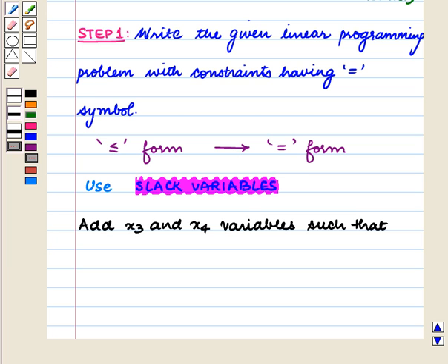We will add x3 and x4 variables such that x3 is greater than equal to 0 and x4 is greater than equal to 0 to the given constraints so that we can write it in the equal to form.